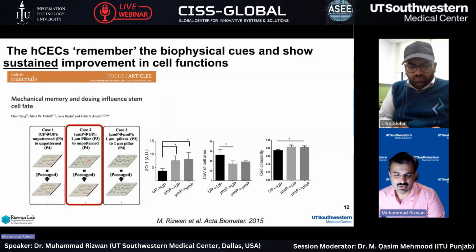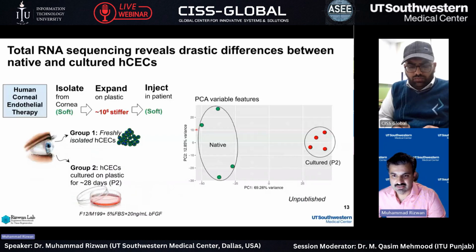So we did RNA sequencing. This is an approach where we can basically analyze all the RNAs that are expressed in the cells. And we performed PCA, or principal component analysis, which showed that the cultured cells are indeed very different compared to the native uncultured cells, possibly because they have been cultured on plastic, which is an unnatural environment.